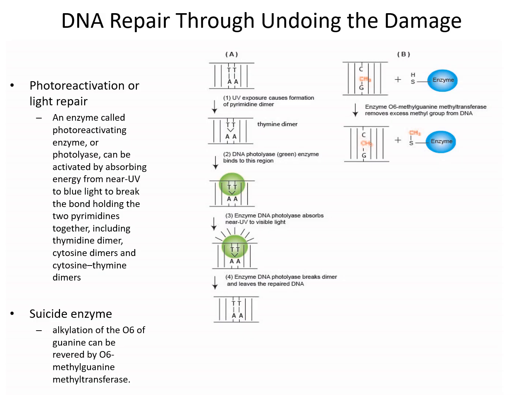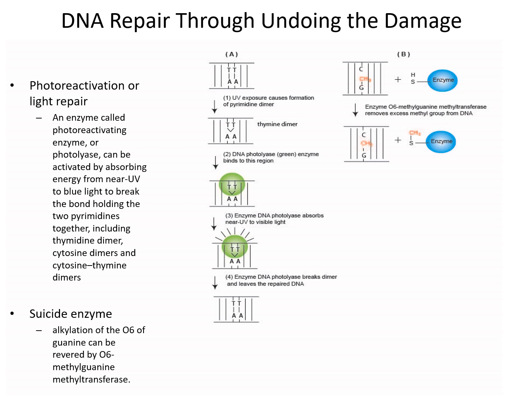For the reversal, undoing damage, for example photoreactivation or light repair, there's an enzyme called photoreactivating enzyme, or photolyase, which can be activated by absorbing energy from near UV to blue light to break the bond holding the two pyrimidines. The thymine dimer caused by UV exposure can be undone through this process, light repair.